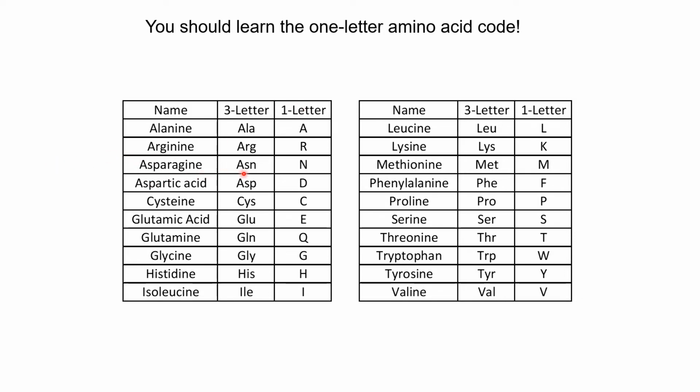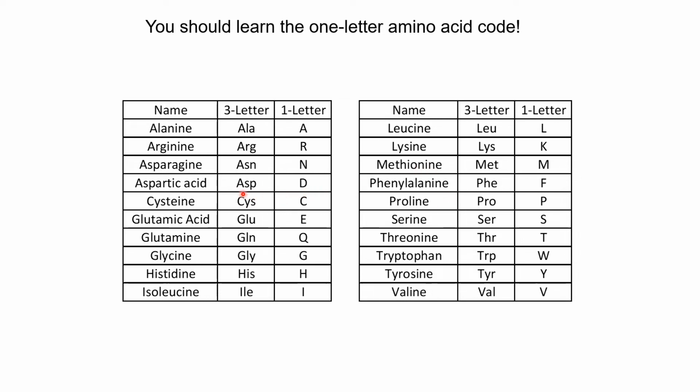For asparagine, again, A is already taken. Why not S? We have a different amino acid that has S, serine. So it's asparagine, N. And then for aspartic acid, here is quite a curious story. There already is an A, an S, and a P, which is for proline.